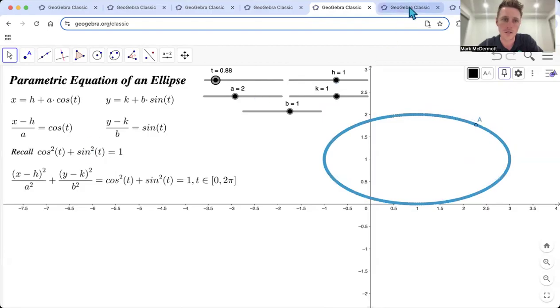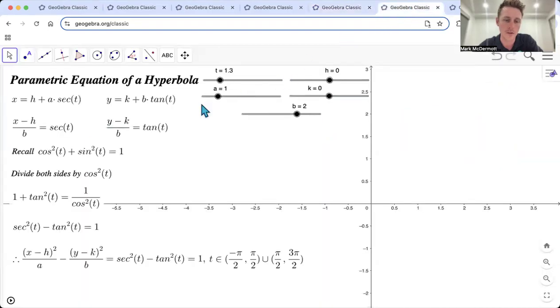Let's have a look at the next thing, which is the parametric equation of a hyperbola. Okay, and this is a little bit more challenging. Let's again start with the solution, and then we'll work backwards to see that it satisfies the Cartesian equation. So let me just tell you to begin with that to define a hyperbola, you're going to get x equals h plus a secant of t and y equals k plus b tan of t.